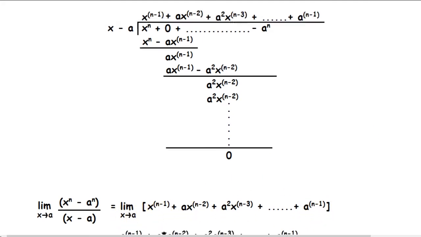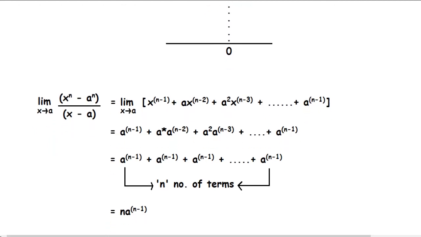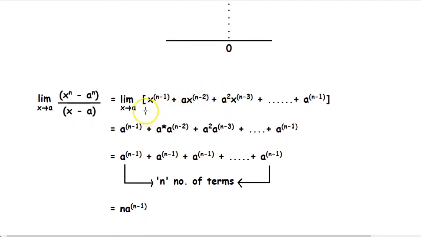Now we use our direct substitution here. So when we use our direct substitution, we get a to the power n minus 1 plus a into a to the power n minus 2 plus a squared into a to the power n minus 3 until we go for n number of terms.